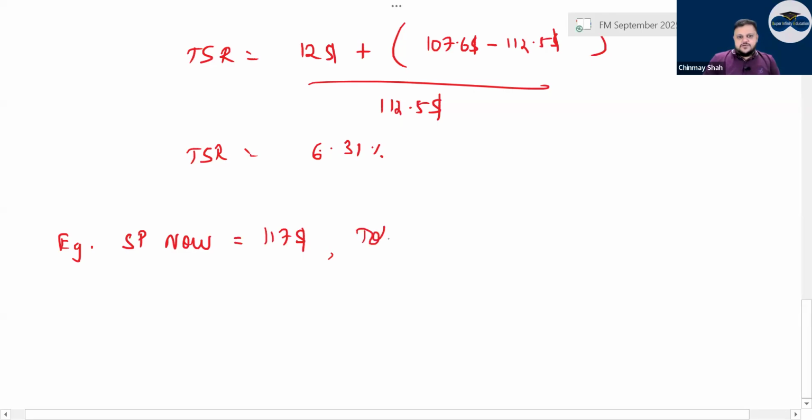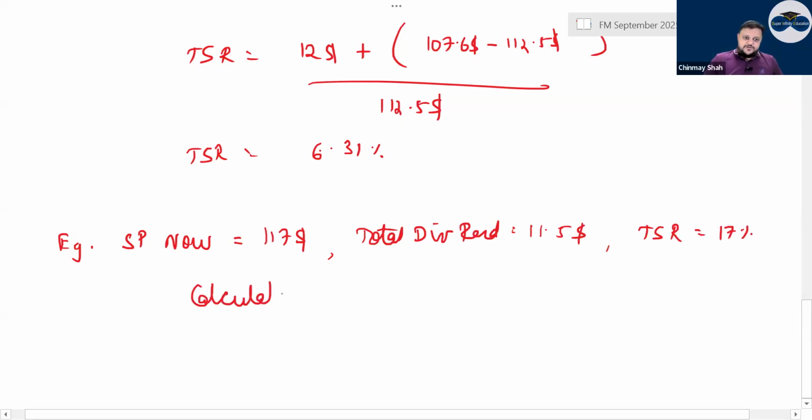Comma. Total dividend received is equal to $11.5. TSR is equal to 17%. Calculate. What I'm saying, hear me out. Calculate share price 1 year ago.